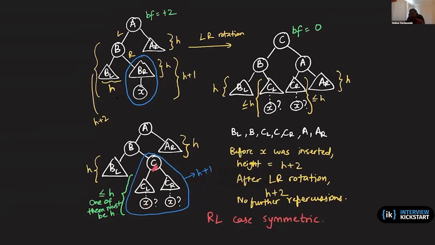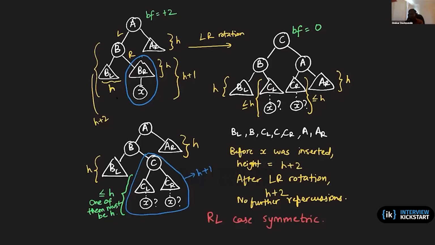So you're right that the balance factor for C couldn't be 0 when X was inserted. But we are looking at the diagram here after the rotation is done. That's when we are saying it becomes 0 because it becomes the ancestor of this whole subtree. Okay. Whatever was under it.